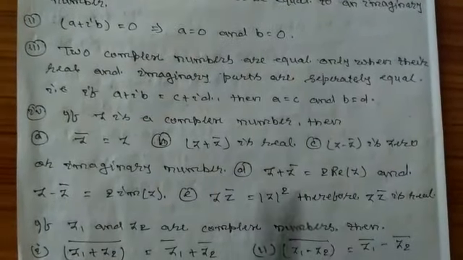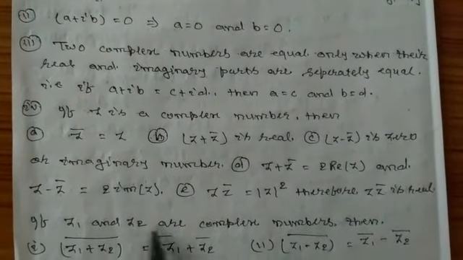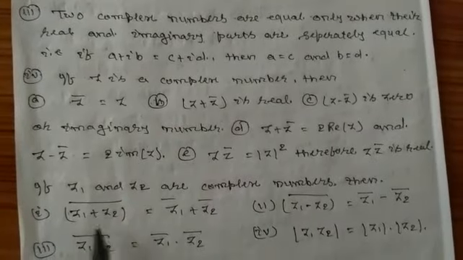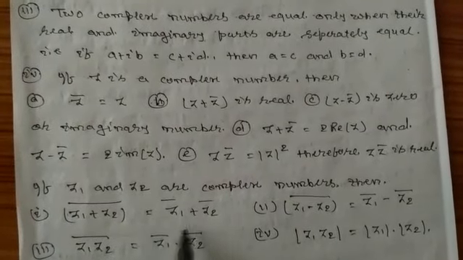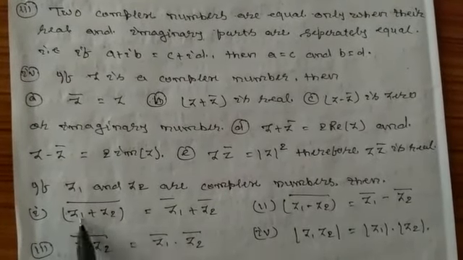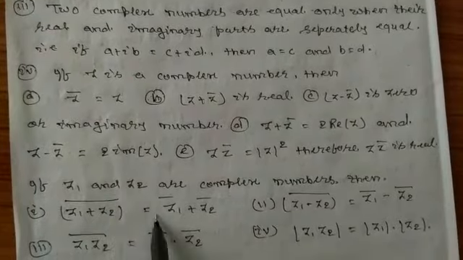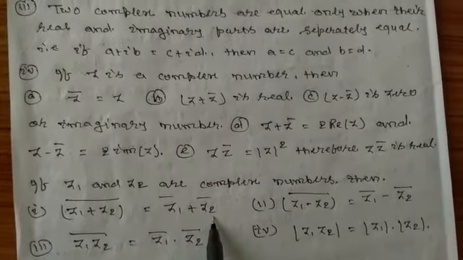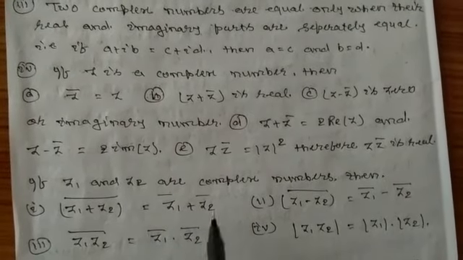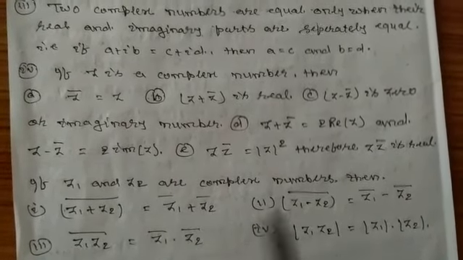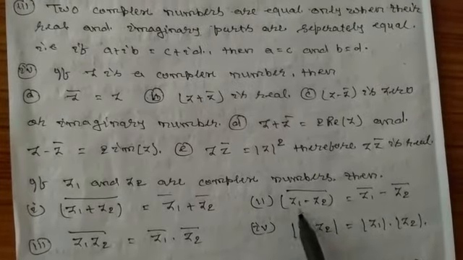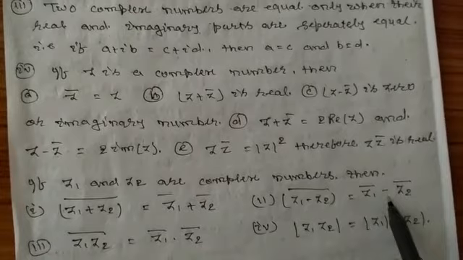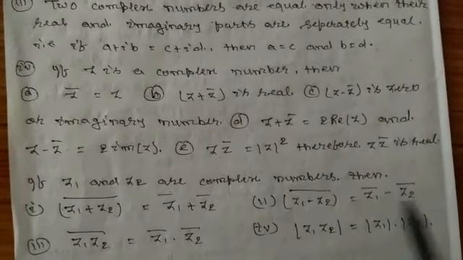If z1 and z2 are complex numbers, then the following results hold. Conjugate of z1 plus z2 is equal to conjugate of z1 plus conjugate of z2. These results you may verify. Second, conjugate of z1 minus z2 is equal to conjugate of z1 minus conjugate of z2.